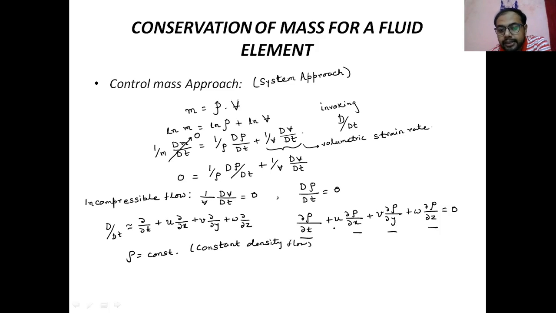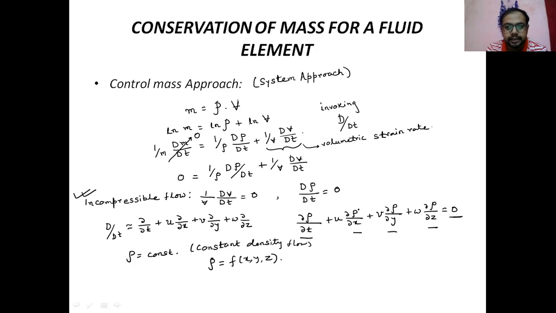How is it like that? Because if density is not a constant, if density is a function of some location, a spatial function, and after doing this operation you get the ultimate value of zero, then it also satisfies the incompressible flow equation. So density need not be constant in the case of incompressible flow.